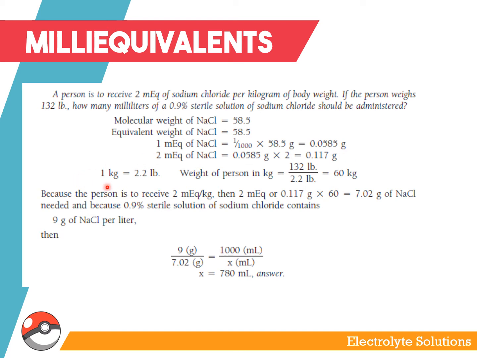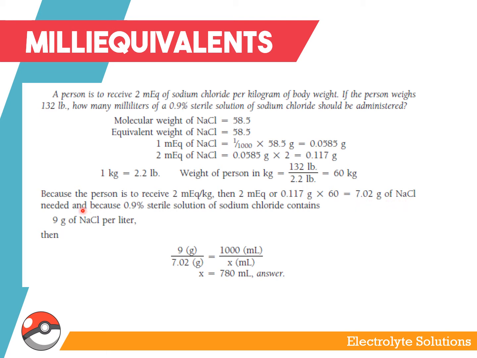Since 1 kilogram is equal to 2.2 pounds, 132 pounds is equal to 60 kilograms. Because this person is to receive 2 milliequivalents per kilogram, then 2 mEq or 0.117 grams times 60 is equal to 7.02 grams of NaCl.